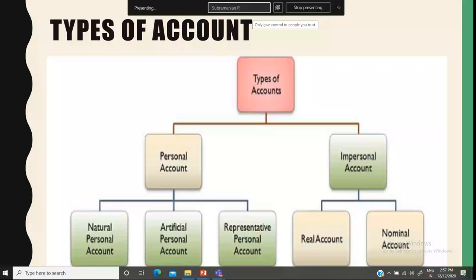And then prepaid expenses. Sometimes we may pay in advance, like an insurance premium for next year that you pay now itself, or rent you may pay earlier. You are not going to avail that service now, but you are paying previously.